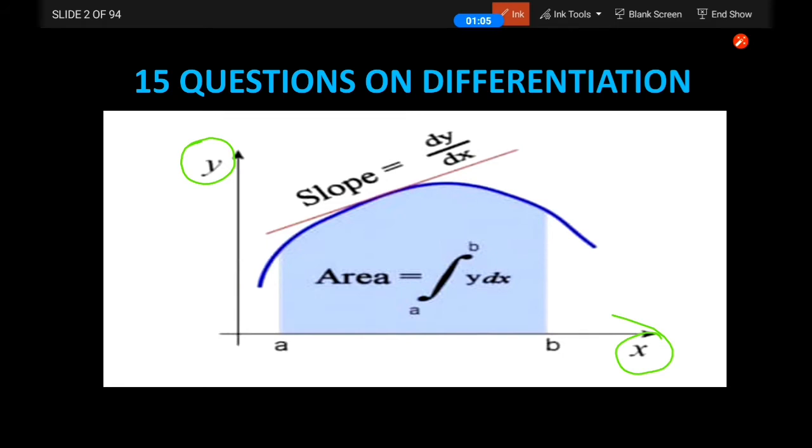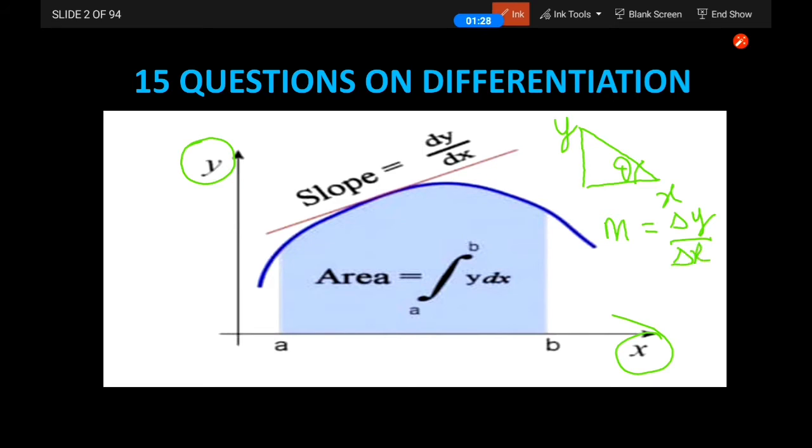I also proved the formula that if I have a Cartesian plane of y against x, and I have an angle theta here, we are able to see that the gradient is change in y over change in x.